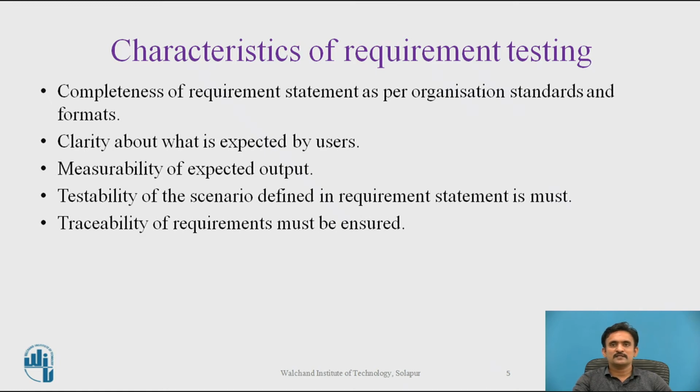Some requirements like the application must work 24 by 7 for 10 years may not be directly testable. Apart from this, we can add traceability of requirements further down the development life cycle, which must be ensured. That is, requirement traceability starts at the requirement phase and gets populated as one goes down the life cycle.